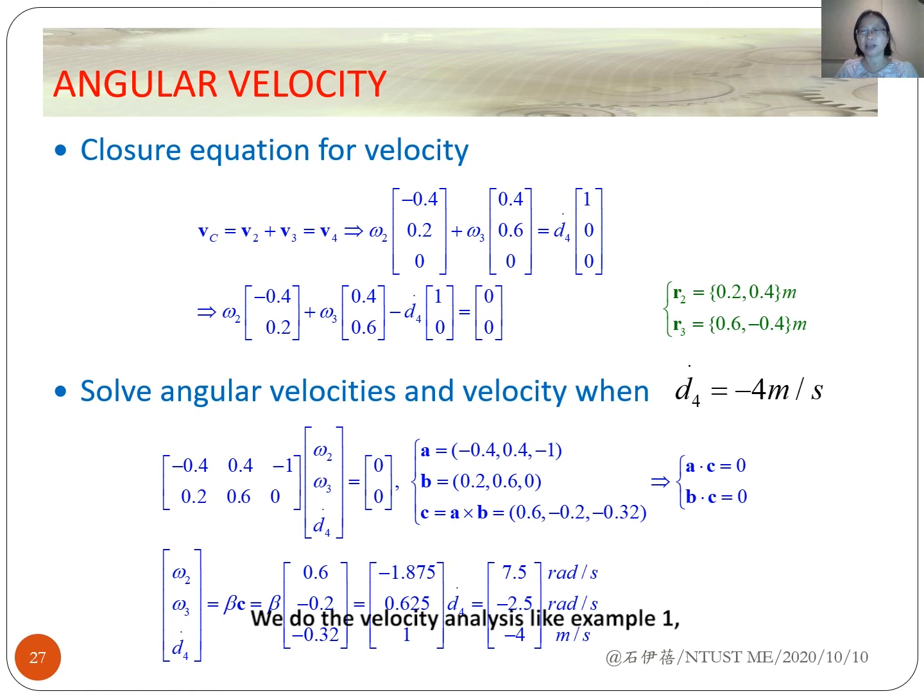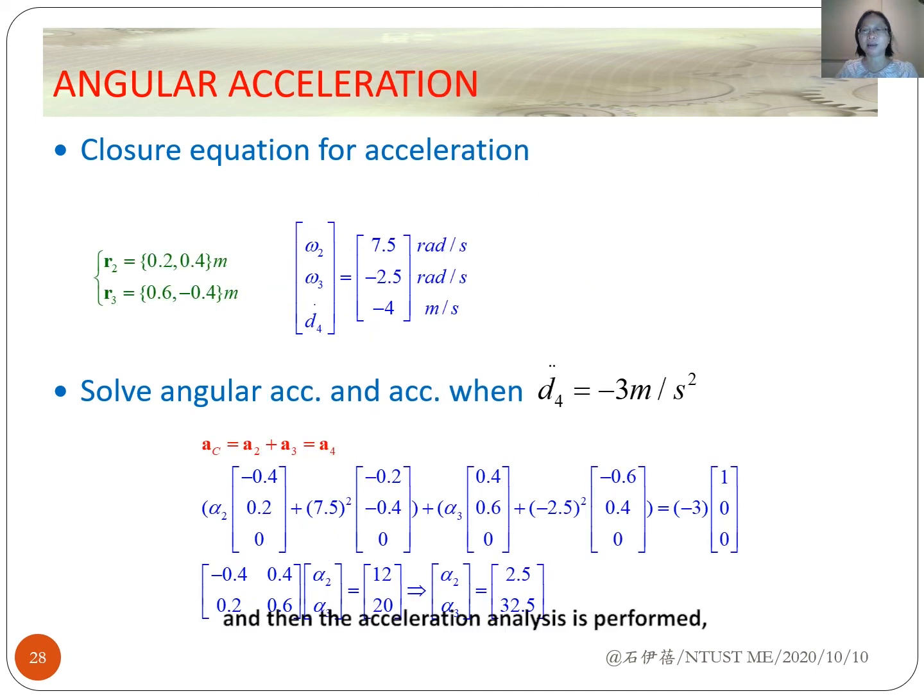We do the velocity analysis like example 1 to get angular velocities omega 2 and omega 3. Then the acceleration analysis is performed to determine angular accelerations alpha 2 and alpha 3.